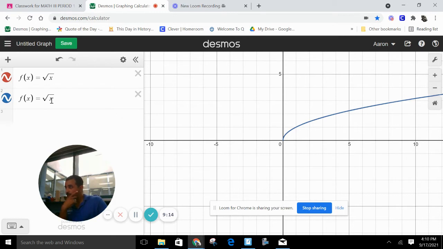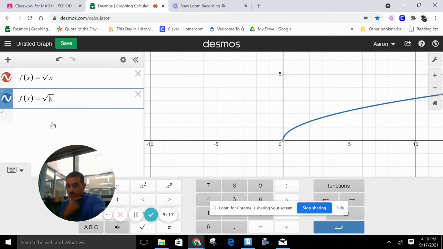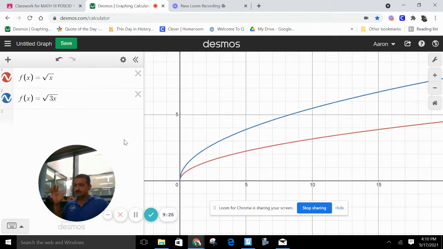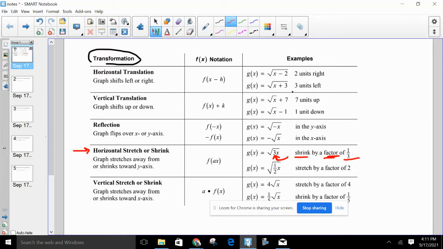Let me show you what I mean. Let me put a 3 right here, and look at the blue. The parent is in red, and the blue is almost like you took that graph and you're smashing it against the y-axis. So here's the y-axis, the vertical y-axis. Imagine shrinking it. It's getting closer.